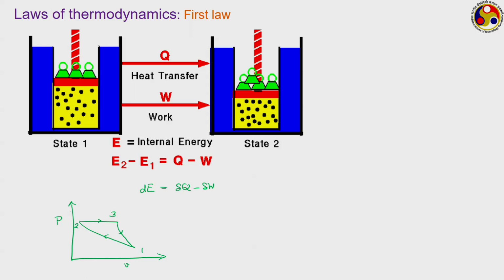Now, if we want to apply the first law of thermodynamics on this particular cycle, then integrating this relation over each of the processes, during process 1 to 2 we can write E2 minus E1 is equal to Q12 minus W12, where Q12 is the amount of heat transfer to the system during process 1 to 2, and W12 is the amount of work done by the system during this process.